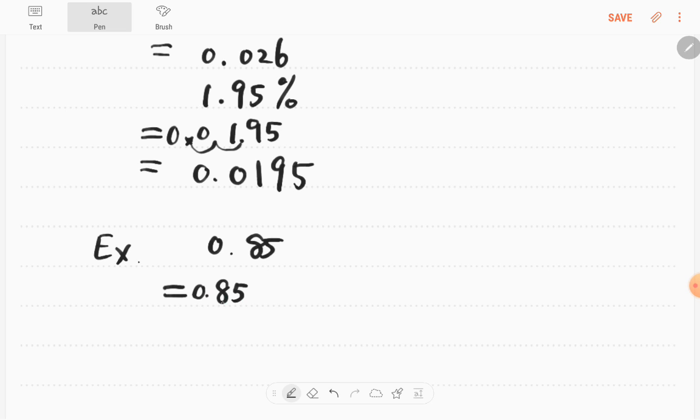If we want to add the percent sign, we should move the decimal point to the right twice. 1, 2. So it will be here. So our final answer will be 85%.